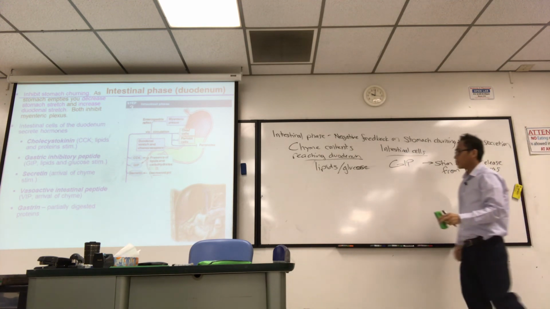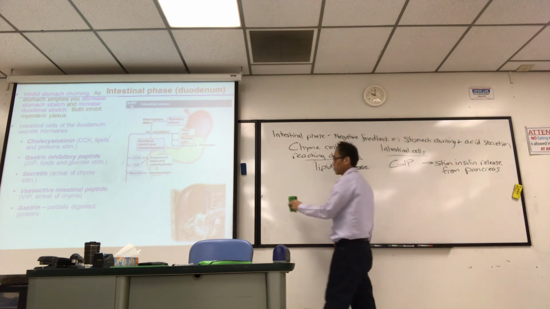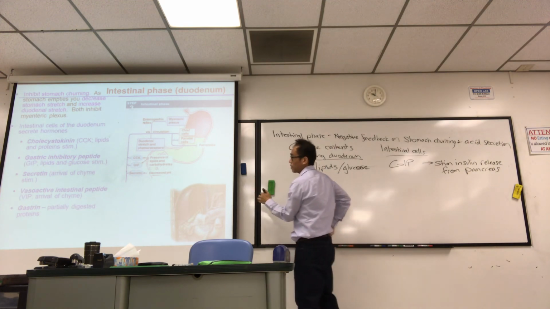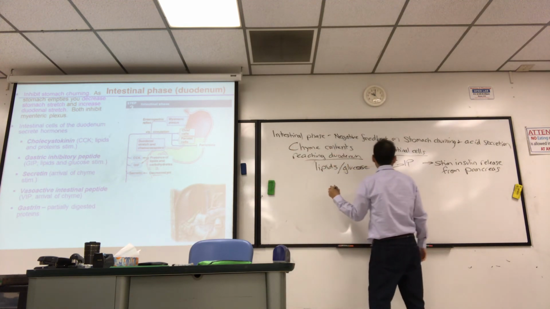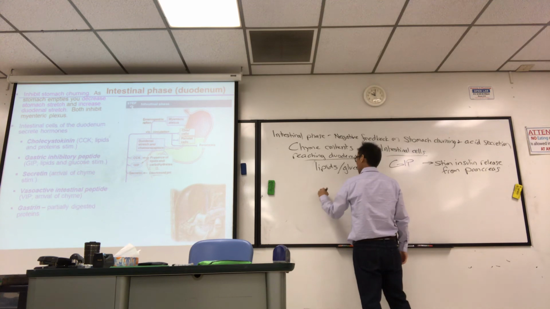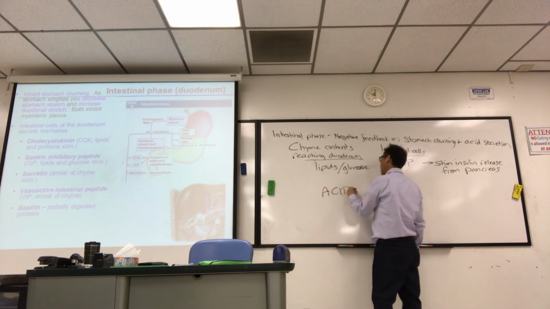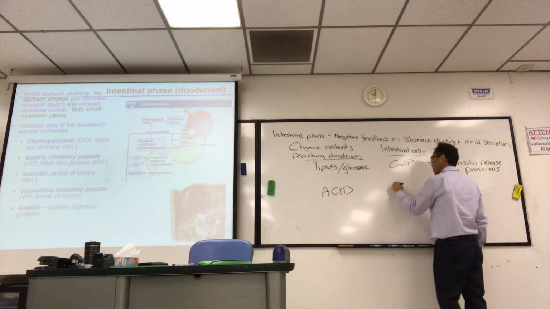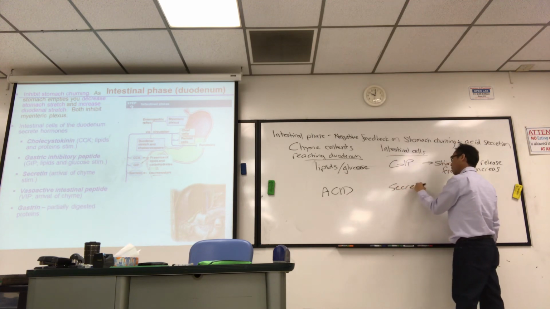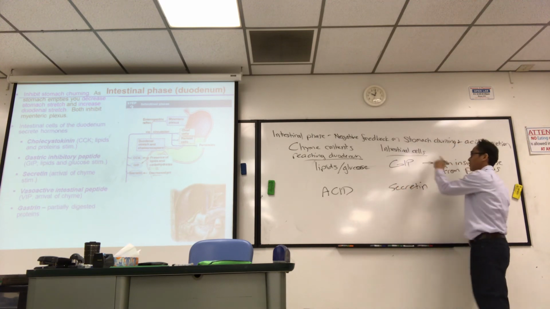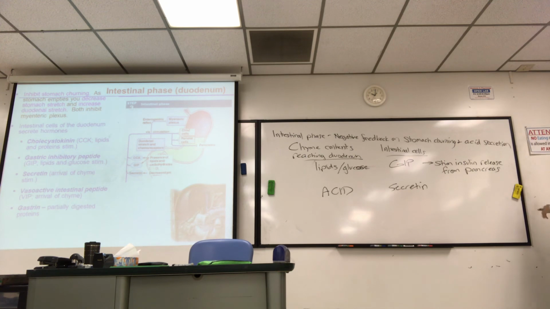The other major hormone that's released is secretin. The acid in the chyme will trigger the release of secretin from the intestinal cells. The secretin, like the name implies, is a big one. It will make the liver and the pancreas secrete stuff.